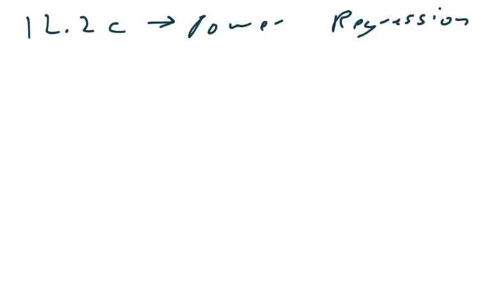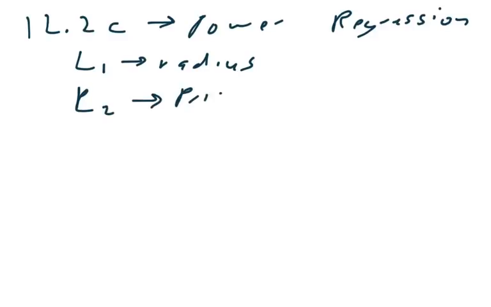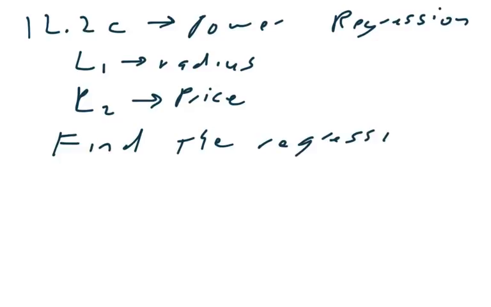Now let's do the notes. In L1, put down the radius of the pizza, and in L2, put in the price. What I want you to do is find the regression line, and you can write down the equation and write down what R is.